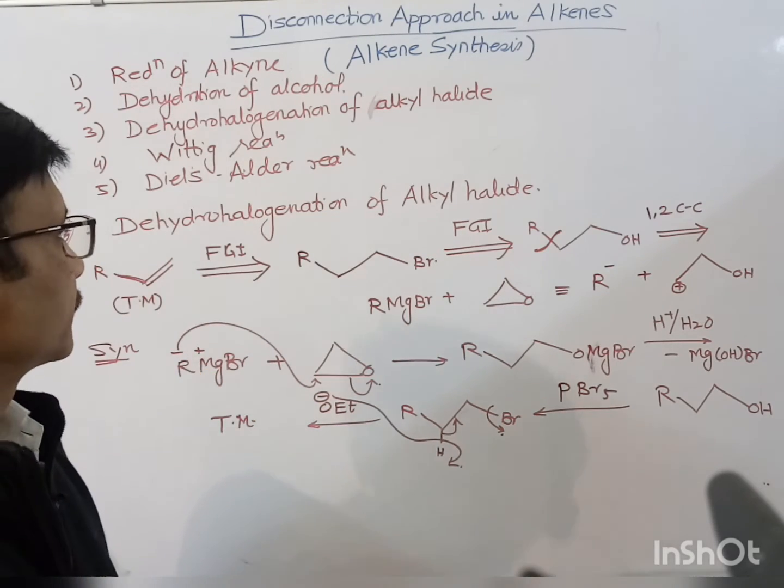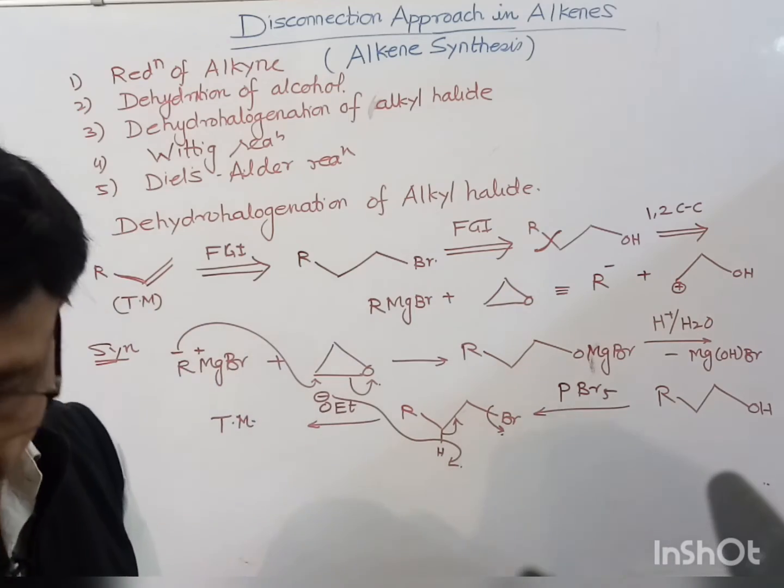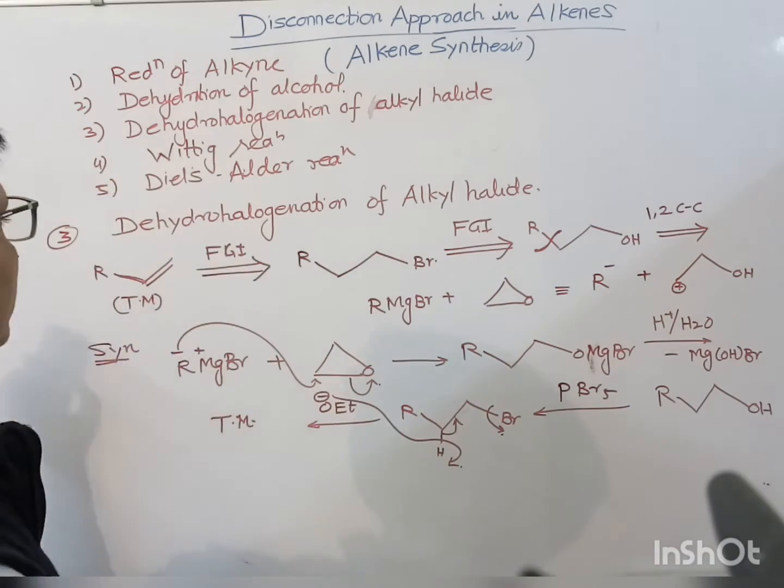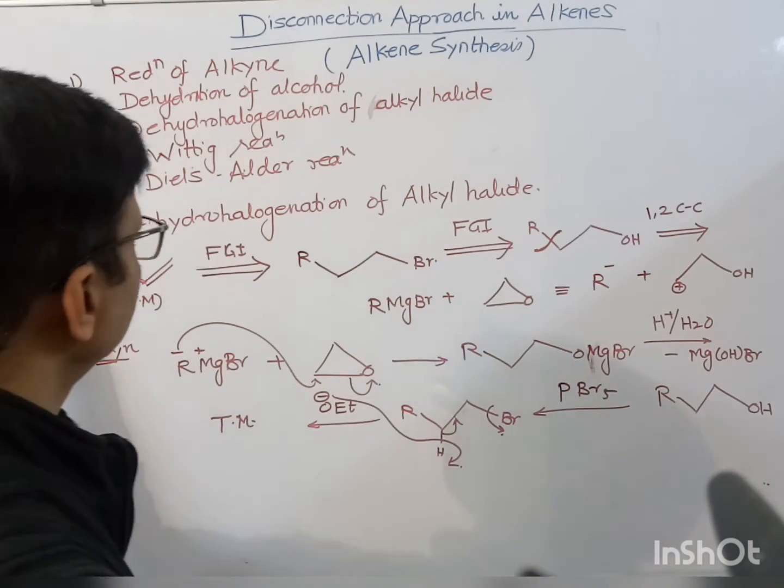So this is via dehydrohalogenation of alkyl halide. Now the next way, let's see the example of the Wittig reaction. Via Wittig reaction you can see it.